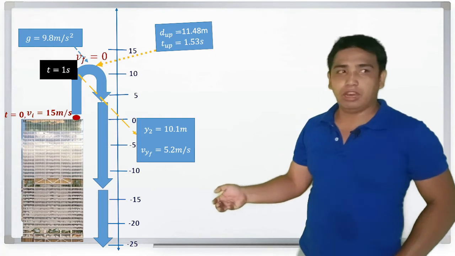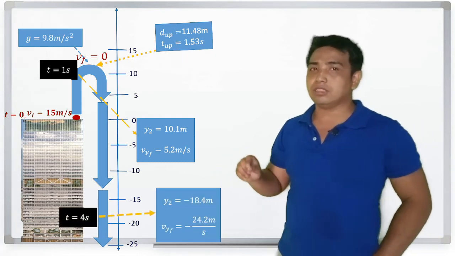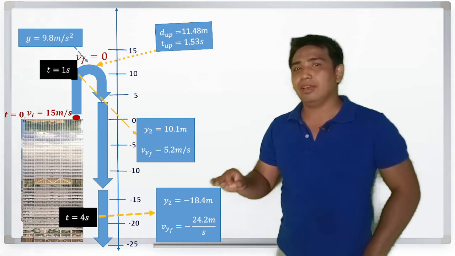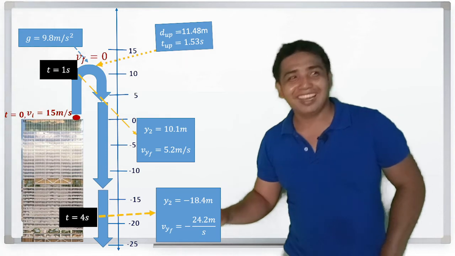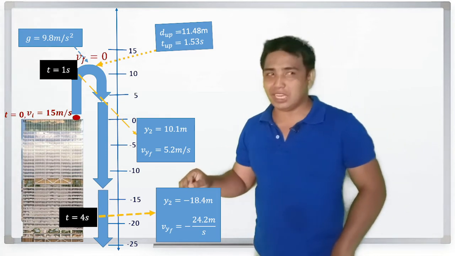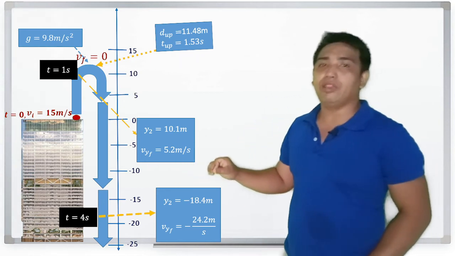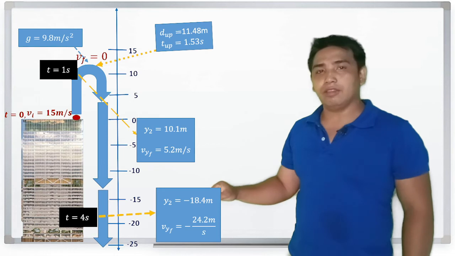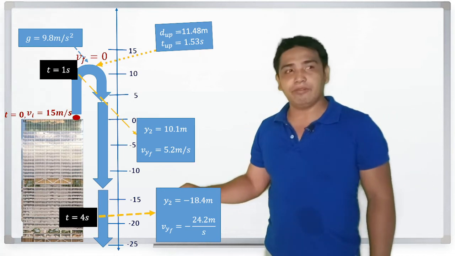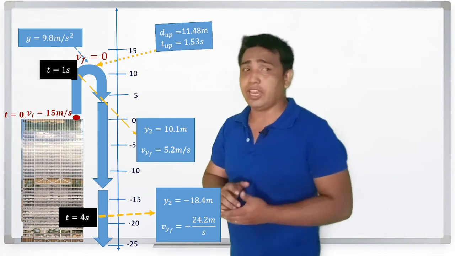After 4 seconds, the ball is still on its downward flight, and you were able to find that it is 18 meters away from you. And then the velocity is directed downward, and it has a value of negative 24.2 meters per second.